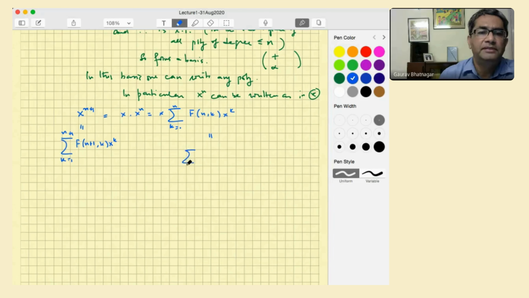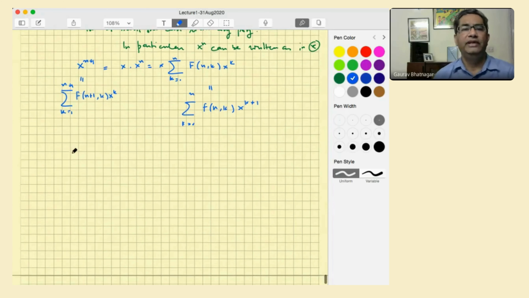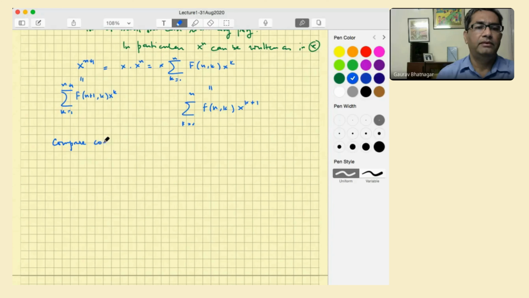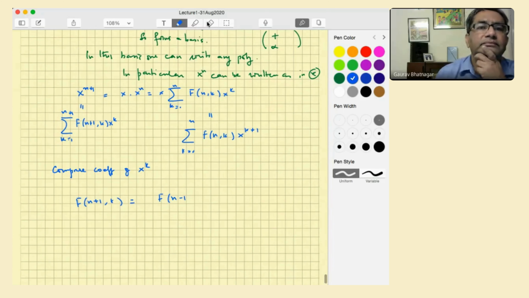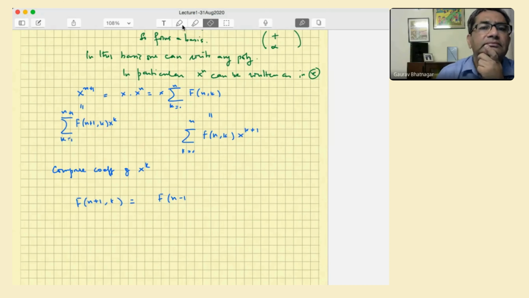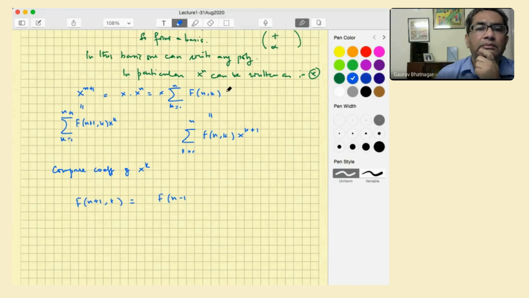So this is the sum of f_{n,k} x to the k plus 1, k going from 0 to n. And what do we get? Compare coefficients of x to the k. We get f_{n+1,k} is equal to f_{n,k-1}. Oh, wait a second, what am I doing? I need to do some.